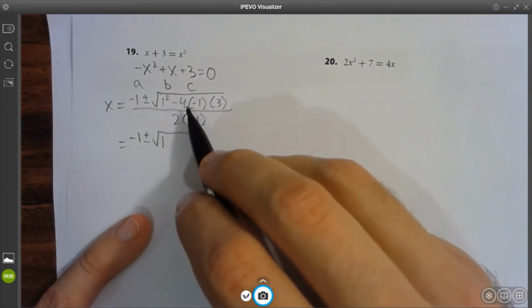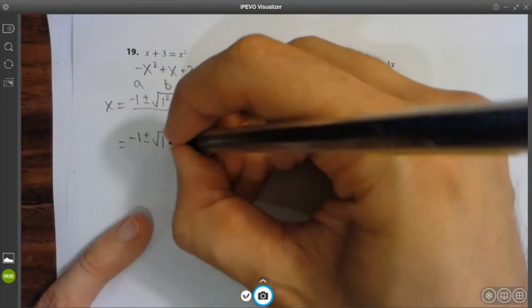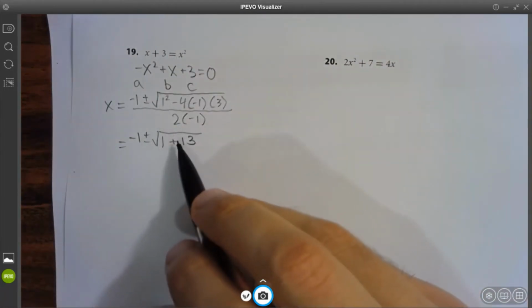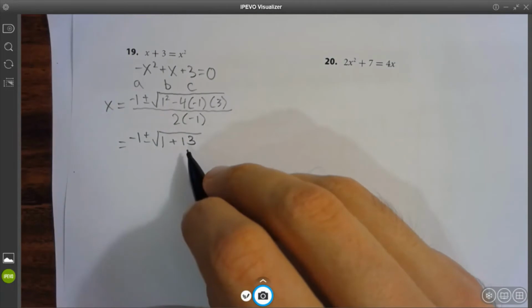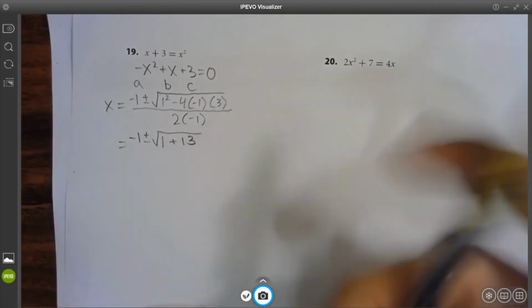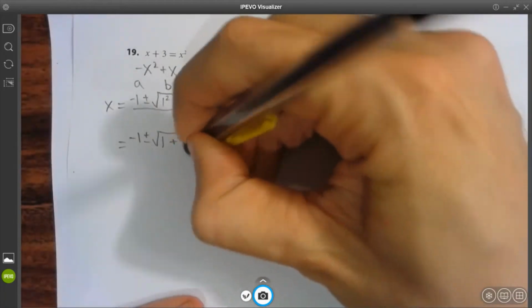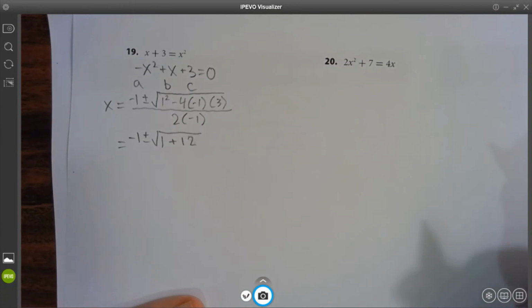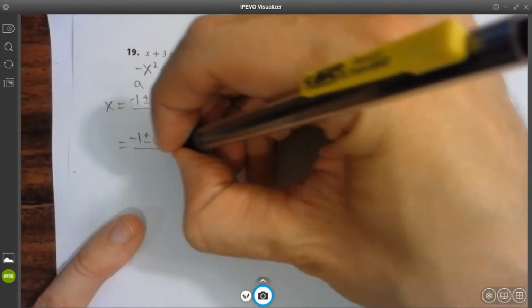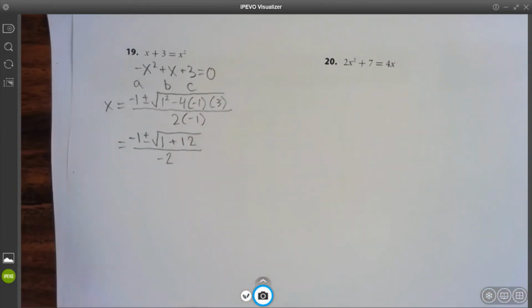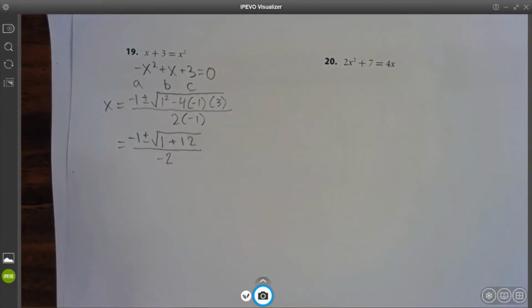Negative times a negative is a positive, so this is going to be plus 12. And they couldn't have been nice to us. They couldn't have given us a perfect square. Oops, see what I was doing? I was thinking ahead. I was thinking 12 plus 1 is 13, and I wrote 13. At this point, however, it's still only 12. So be careful. That's a really common mistake, at least for me. I assume for everybody else. And 2 times negative 1 is negative 2. Cool. Let's keep going.